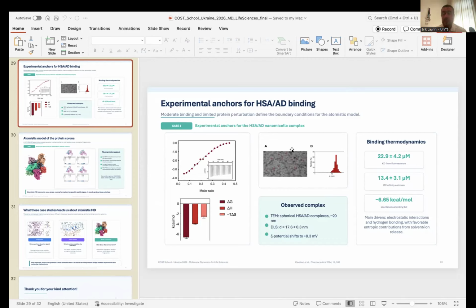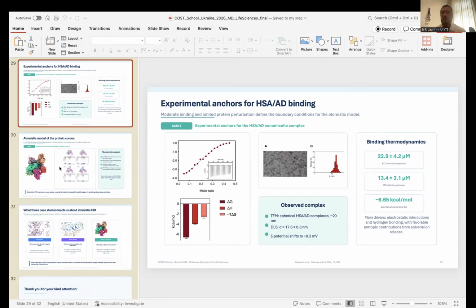Combining this information with the dimension and shape obtained by TEM and DLS, we set up a starting system for molecular dynamics simulation, with the nanovector surrounded by 5 albumins, then 6, and then 7 albumins.